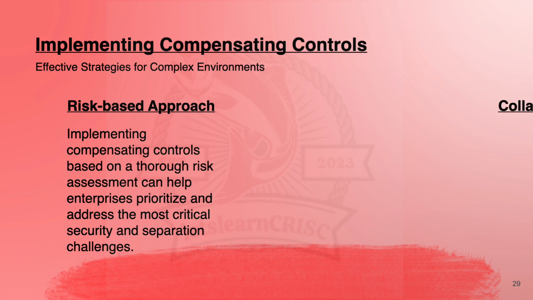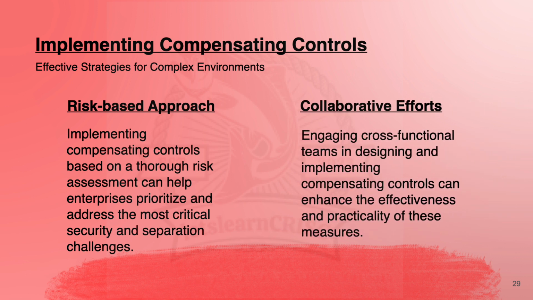And next is collaborative effort. Friends, engaging cross-functional teams in designing and implementing compensating controls enhances their effectiveness and practicality. So it involves working together from different perspectives to create a robust solution.